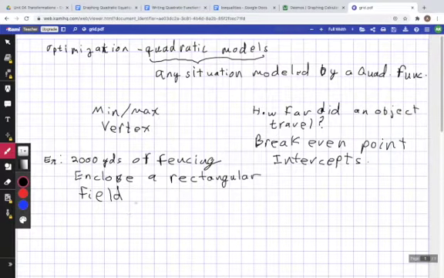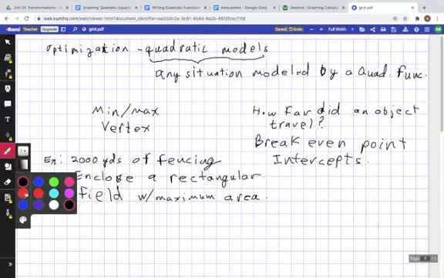Okay. And the thing is, when we enclose this rectangular field, we want to have the maximum area. So this is one way that we can have information presented to us. We want to know the dimensions of this field.